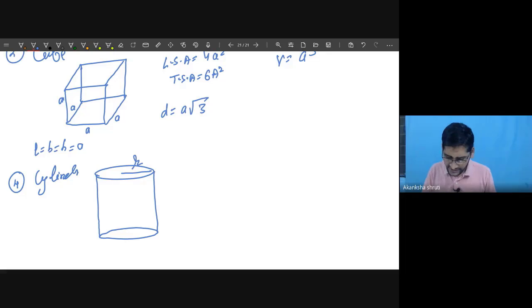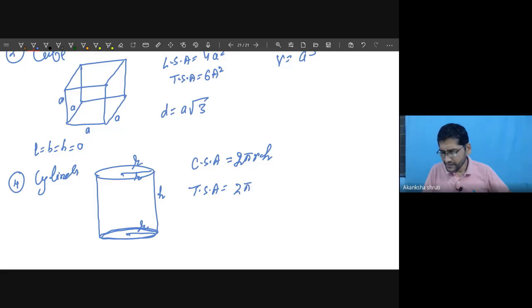So it has two circular areas with the same radius, and the distance between their centers is called the height. The CSA is obtained by taking the circular boundary length and multiplying it by H, so 2 pi R into H. But for the TSA, to this 2 pi R H we need to add 2 pi R square, because one is for this base and another for this top.